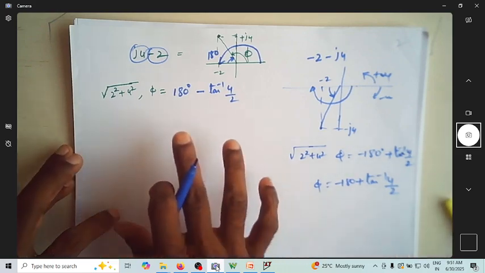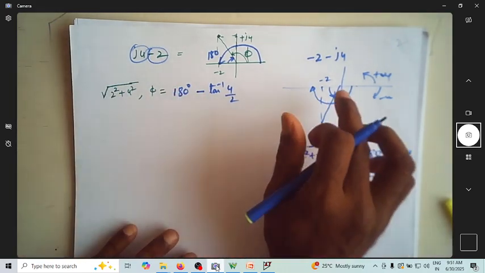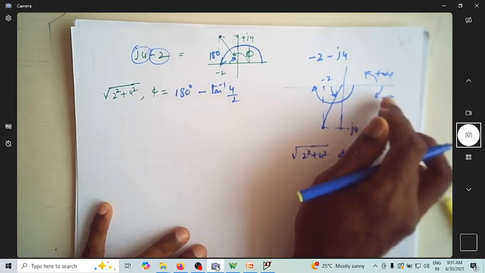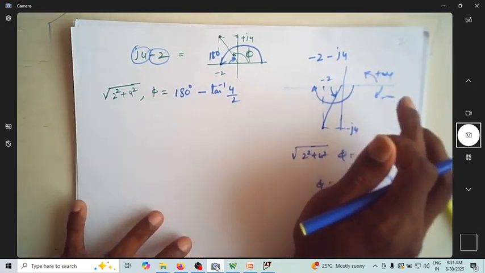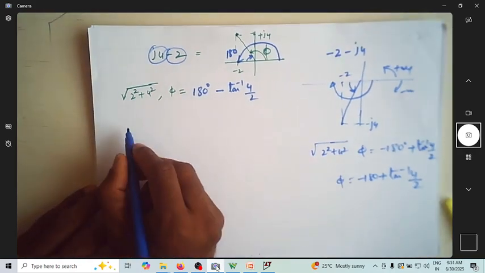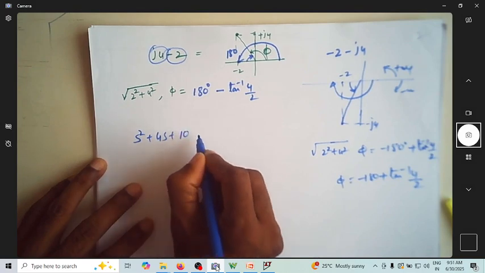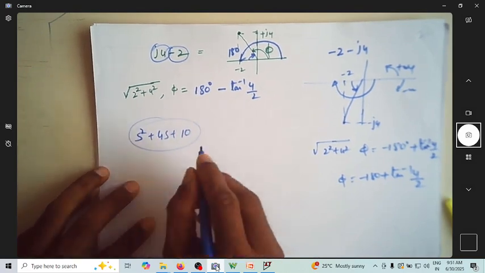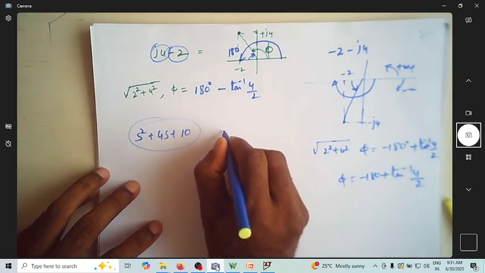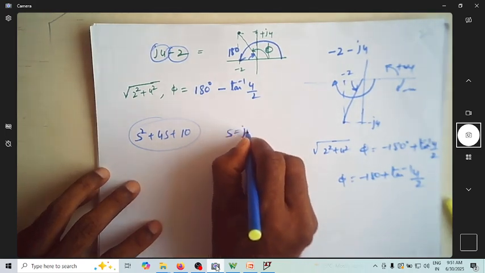Correct? I'm just trying to locate the points in all the quadrants and find out what the phase is. Suppose I have a term like s square plus 4s plus 10. If I want to find its phase and magnitude, let us substitute s by j omega.